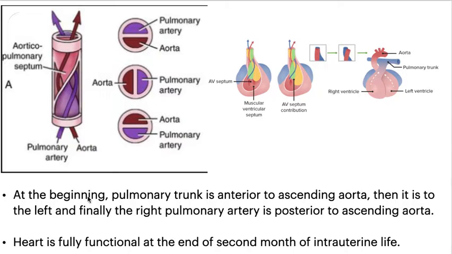At the beginning, the pulmonary trunk is anterior to the ascending aorta, then it turns to the left, and finally the right pulmonary artery lies posterior to the ascending aorta. The heart is fully functional at the end of the second month of intrauterine life.